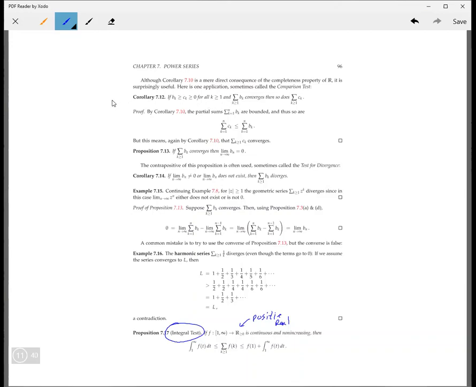Okay, here's the comparison test, and here's limit comparison. No, here's the comparison test. This right here is a test for divergence. And all this is really saying is that if these terms don't go to 0, then the series diverges.